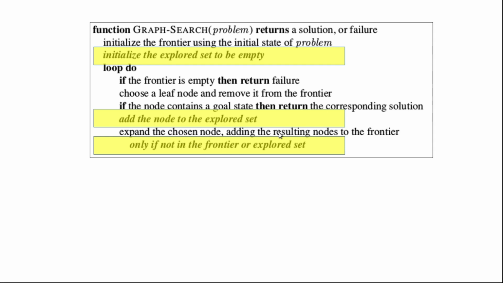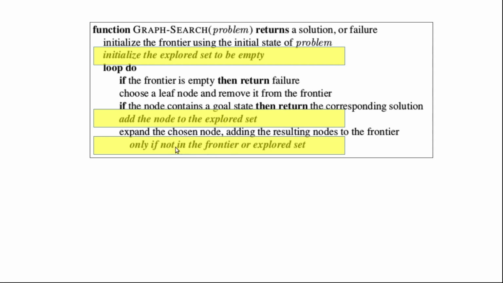So we'll add the selected node to the explored set, and after that we will expand the chosen node, which will result in some new nodes, and now these new nodes will not be added to the frontier automatically. First we will check whether these new nodes are present in the explored set or not, and the new resulting nodes will be added to the frontier only if they are not in the explored set.